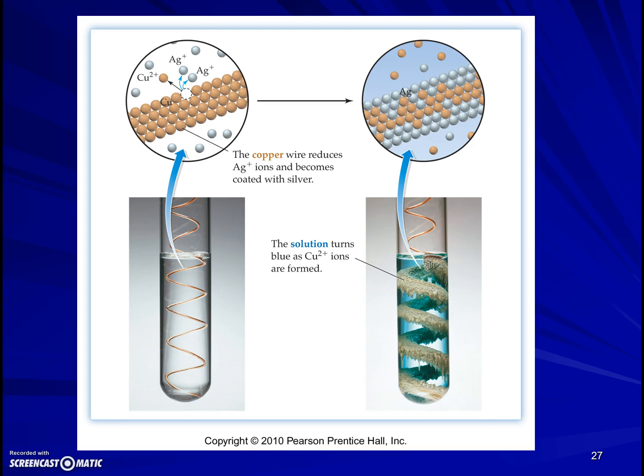On the other hand, copper, even though it's on the non-reactive end of the list, is more reactive than silver or gold. So if we have a silver solution and we dip copper into it, the copper will go from being metal with a 0 oxidation number to being ions in solution. That's why the solution is turning blue. And the silver will come out and coat where the copper wire had been.